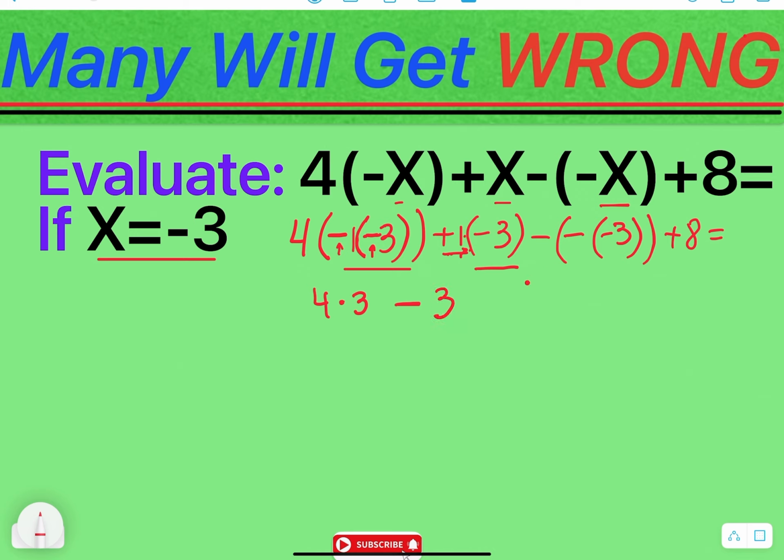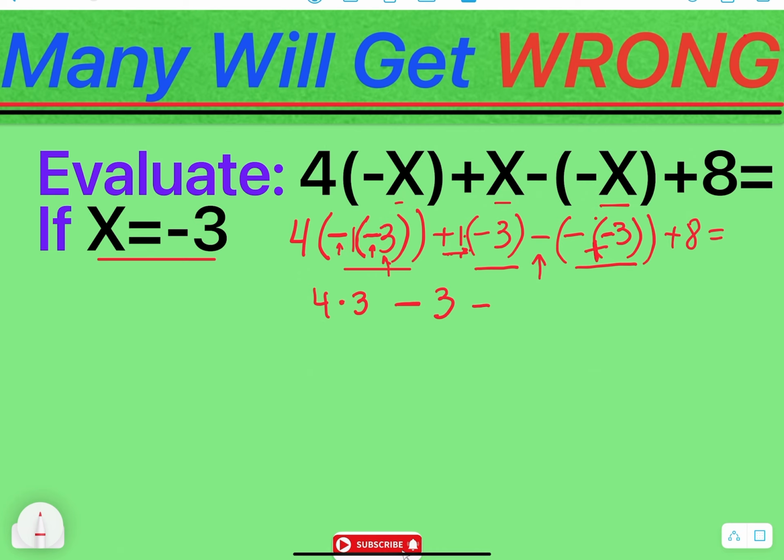Now this one, we have this minus sign in front of it. We will leave this first. Then we will deal with this parenthesis. Again, this is like the first example here. We have negative, parenthesis, negative. This becomes positive.